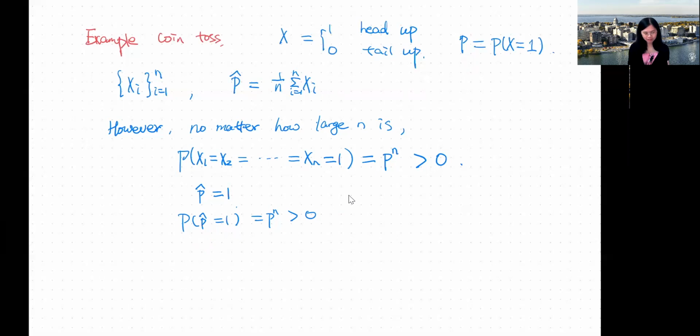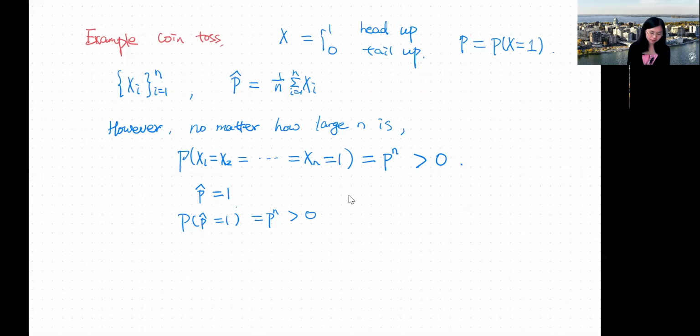So the best we can do is to guarantee that p hat is close to p with high probability.